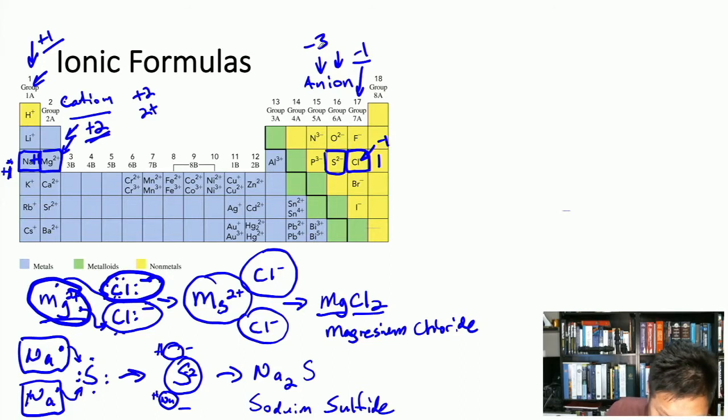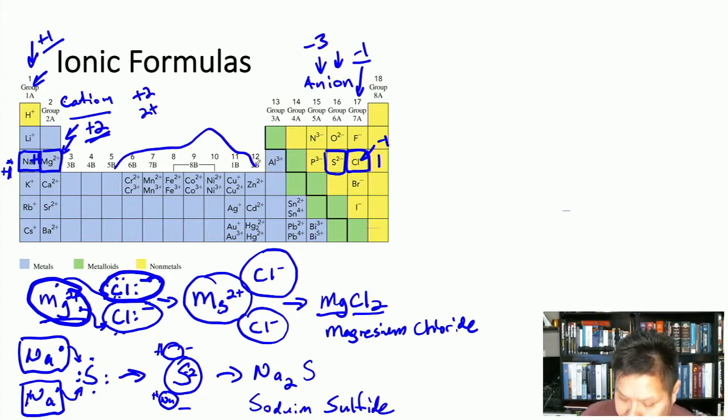Just so you know, though, there are some metals in this group here. These are the transition metals, and they have multiple charge states. So, for example, chromium can be a +2 charge or a +3 charge. Manganese can be +2 or +3. Iron can be +2 or +3.